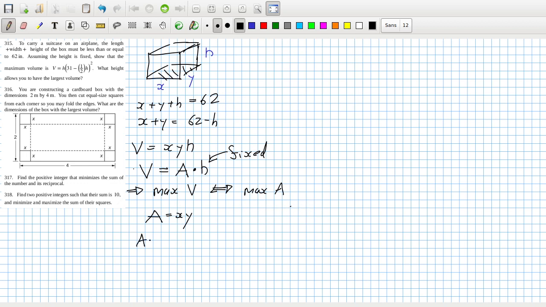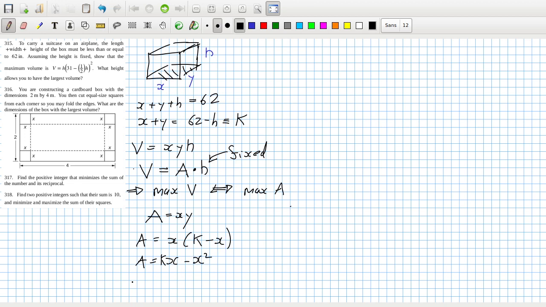So that means the area will equal X, and we'll just call this a constant K, so that would be K minus Y. So the area would be Kx. Sorry, that's wrong. I should say K minus X there.